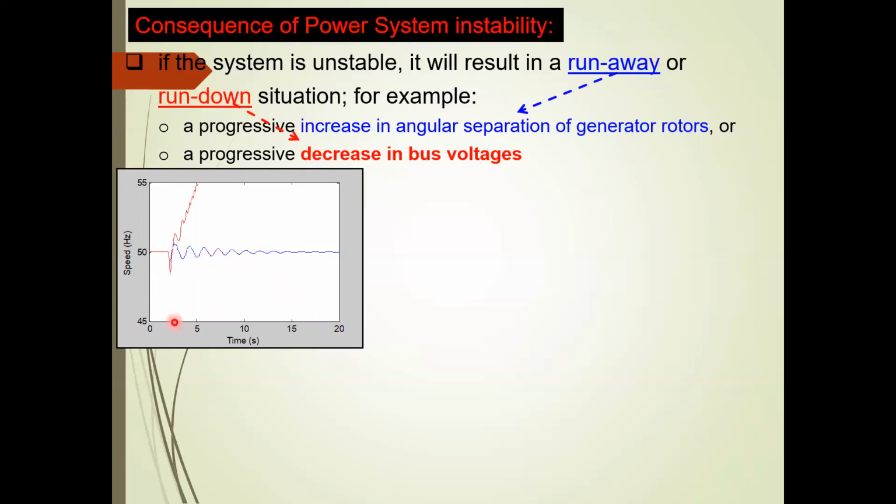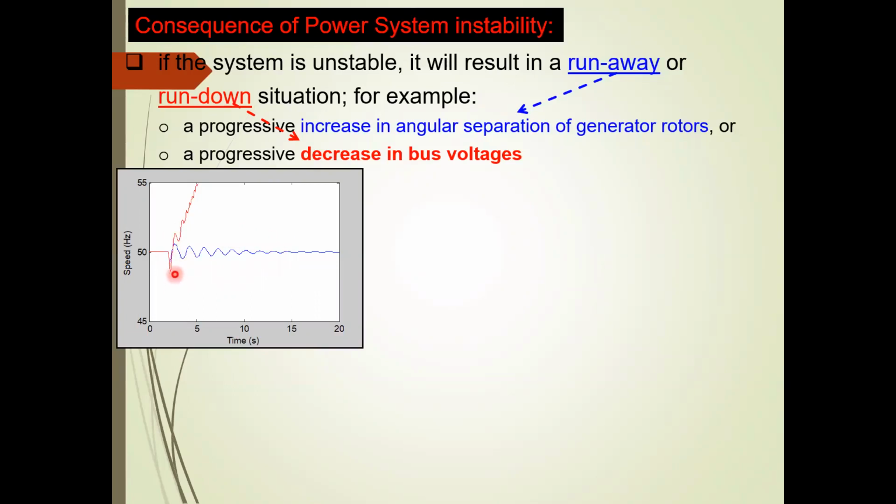Since the disturbance was of a small magnitude, you will observe some deviation in the frequency, but after 15 seconds the frequency is restored back to 50 Hertz. So you are able to achieve a perfect 50 Hertz frequency, and you are able to maintain the system stability.